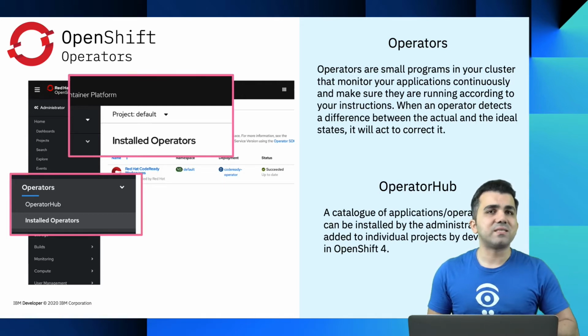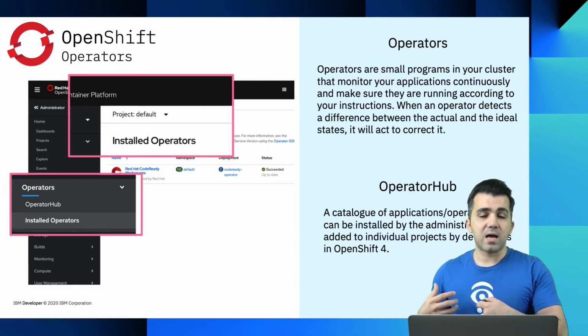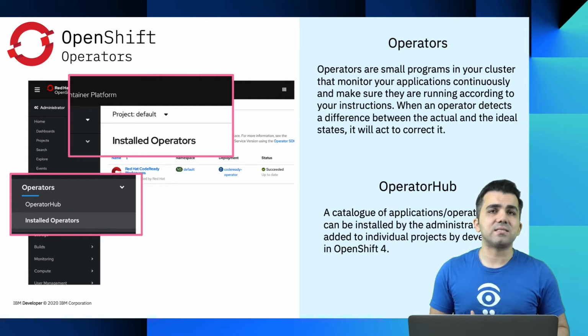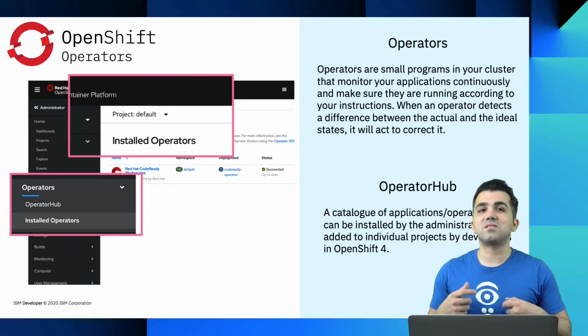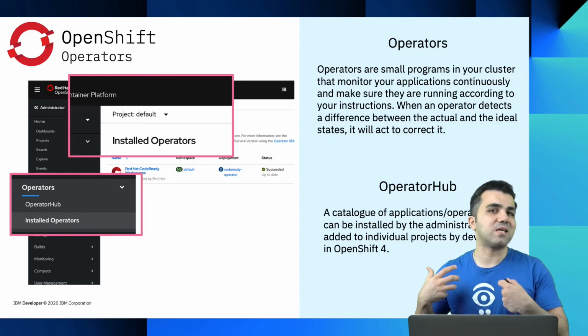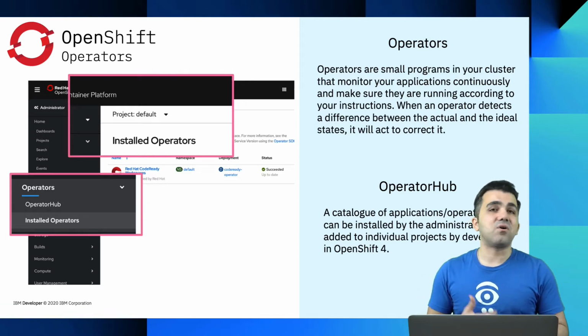When an operator detects a difference between the actual and the ideal states, it will act to correct it. If you recall from workshop 3, we discussed how the Kubernetes master node continuously reconciles the expressed desired state and the current state of an object, and that is a controller in Kubernetes.